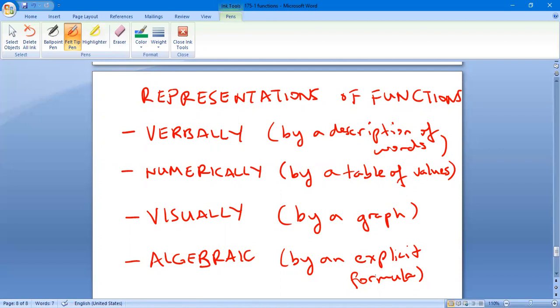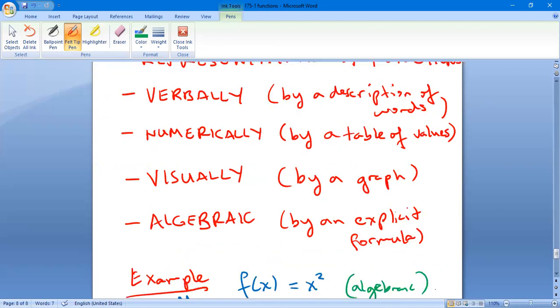Or it can be given by a graph, which is a visual representation. Or it can be given by an explicit formula, just like these functions we have worked with. x squared is an algebraic explicit formula, or f of x equals 2x plus 1 is a formula, so it's an algebraic representation.